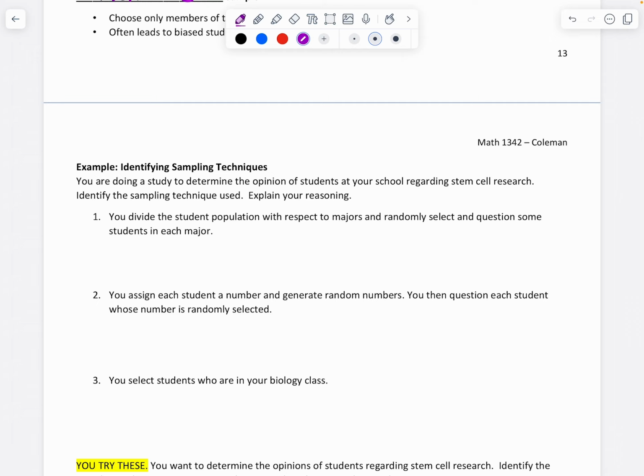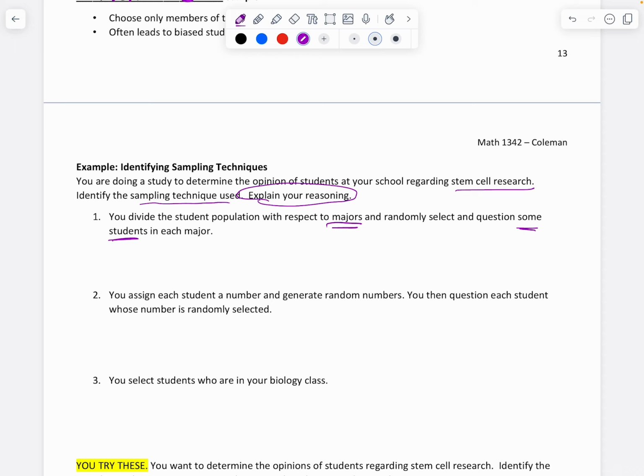You are doing a study to determine the opinion of students at your school regarding stem cell research. Identify the sampling technique used and explain your reasoning. Number 1: You divide the student population with respect to majors and randomly select and give questions to some of those students.